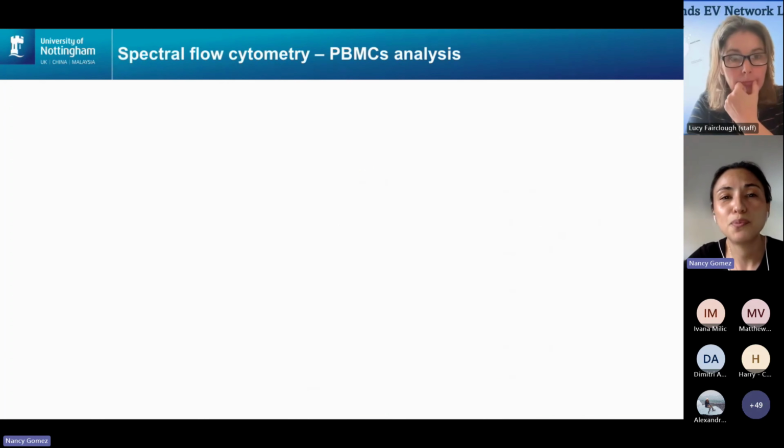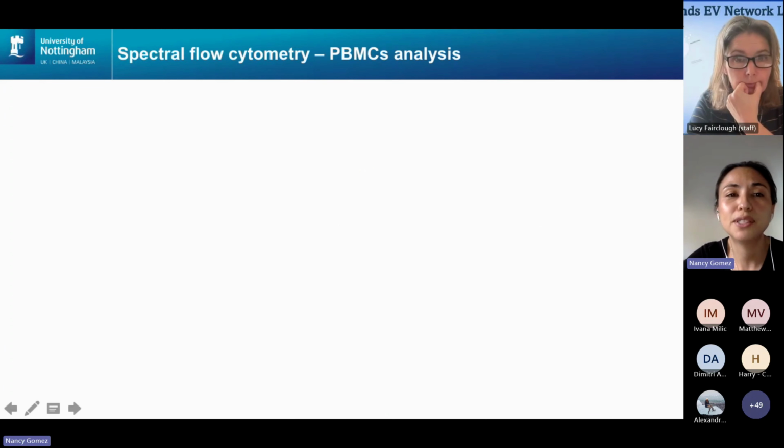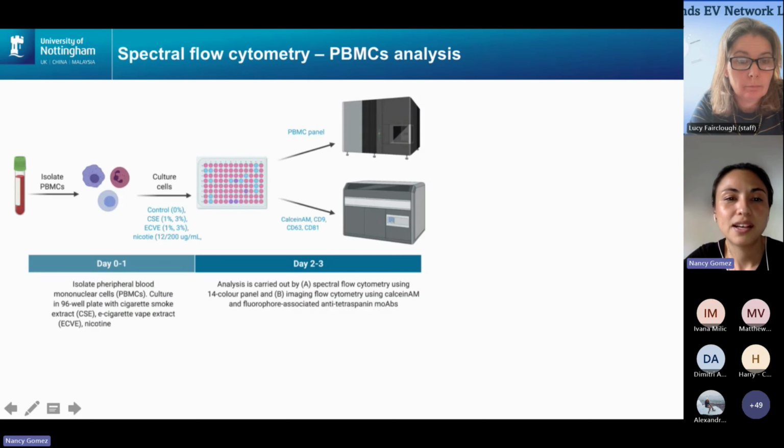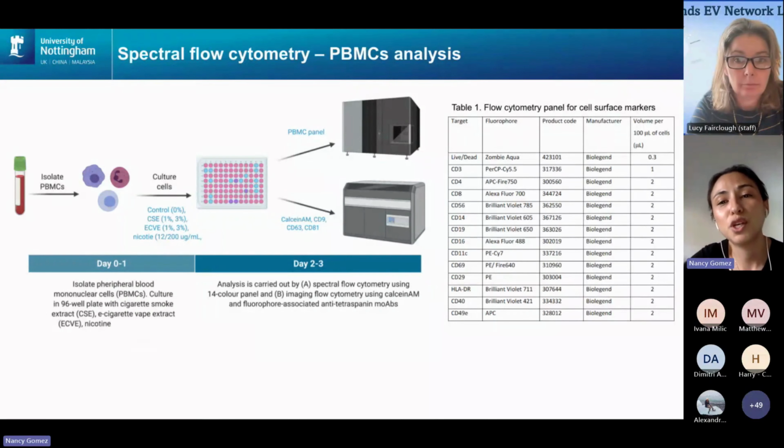So aside from looking at EVs, we also wanted to look at the PBMCs that were producing these EVs. So we did some spectral flow analysis. Again, under the same conditions, this was occurring at the same time when we were getting the EV numbers, and we used a 14-color panel to look at the markers being expressed on our cells.